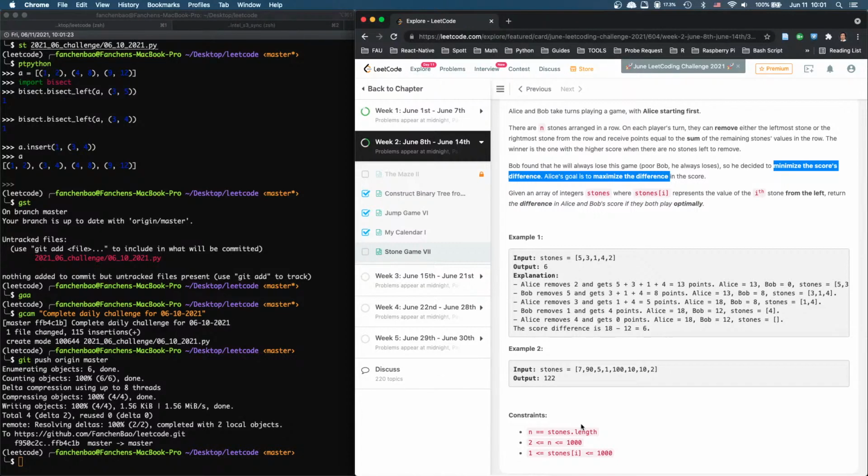Let's say N2 is smaller than N3. So Bob picks N2 and Bob gets rewarded with N3. And Alice picks the last one, it doesn't matter. So the difference will be N2, right? The difference between the 2 will be N2. Is this optimal?